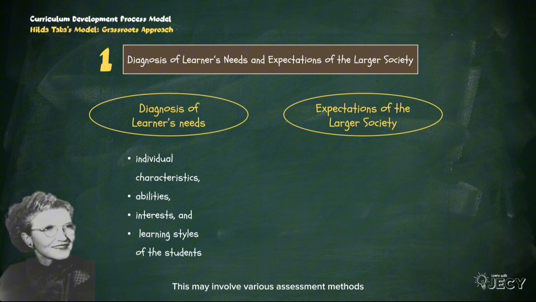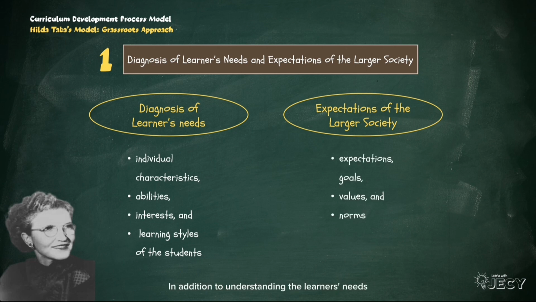This may involve various assessment methods, such as interviews, observations, questionnaires, standardized tests, and portfolio assessments. By diagnosing learners' needs, educators can identify their strengths, weaknesses, and areas of growth, ensuring that instruction is personalized and relevant to each student.